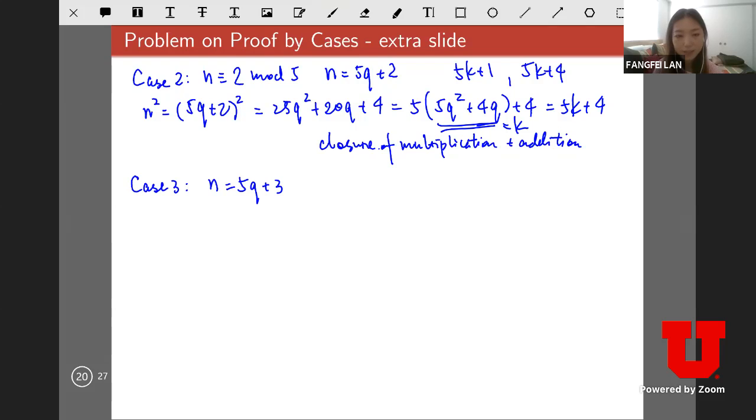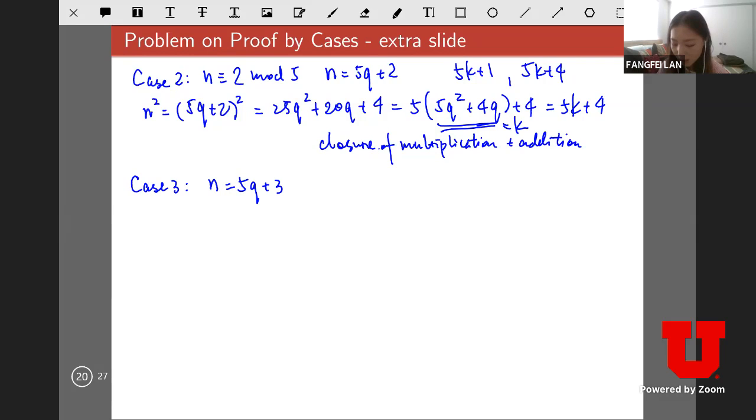Does anyone want to do this? I think there's a question asking why it is n equals 2 mod 5 and not n mod 5 equals 2. That's the same thing. There's no difference between the two. You can write either way.